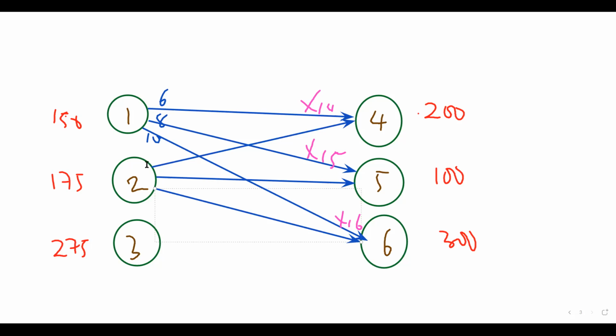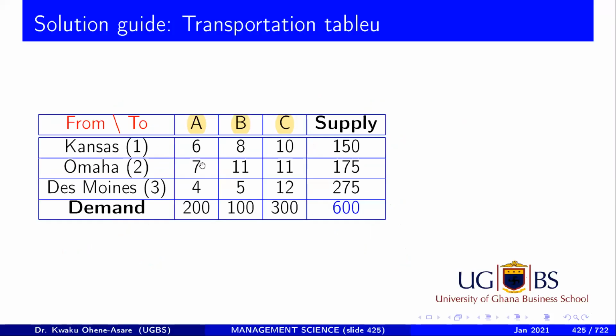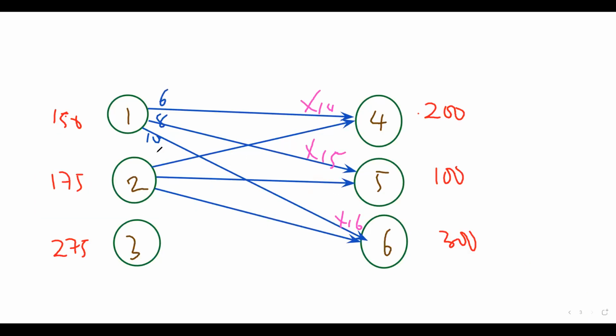When you go up here, you see that the costs are 7, 11, 11. And the last one will be 4, 5, 12. So you now go and indicate those costs there: 7, 11, and then 11. Now you have to indicate the decision variables, and it's 2 moving to 4. That is from 2.